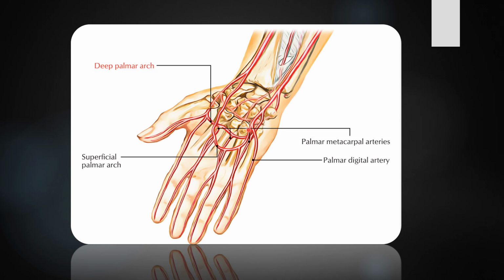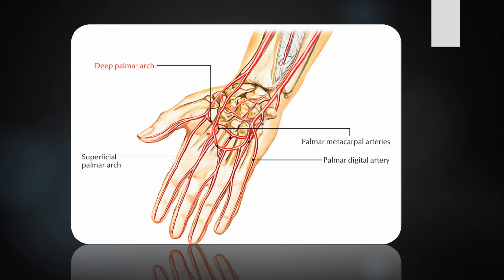So deep palmar arch is giving branches here, that is arteria princeps pollicis, arteria radialis indicis and three palmar metacarpal arteries. These three palmar metacarpal arteries anastomose with the three dorsal metacarpal arteries. Those dorsal metacarpal arteries are branches of dorsal carpal arch.